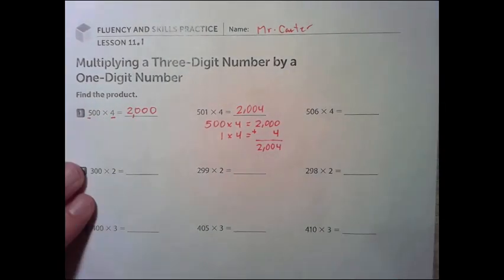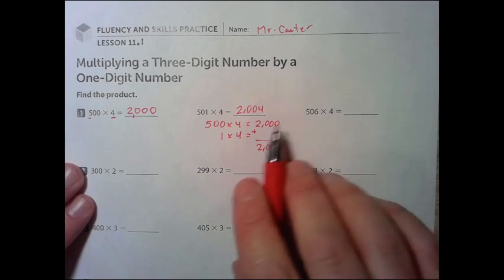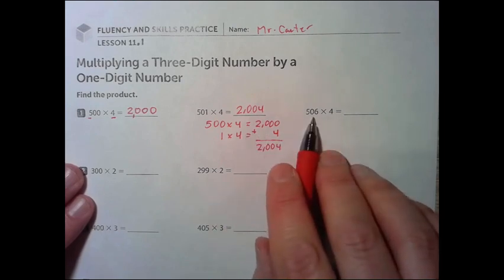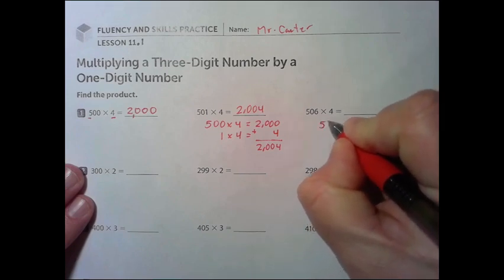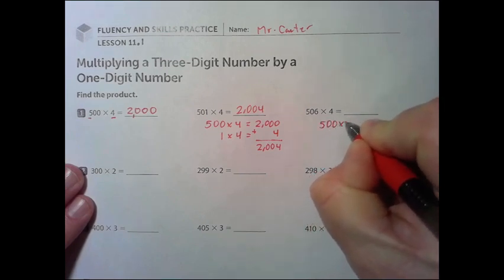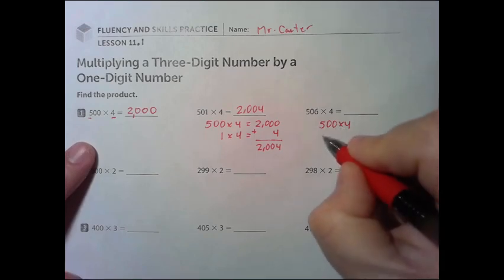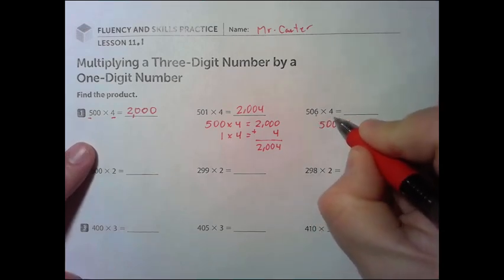All right. So again, same strategy that I used here, I'm going to use for 506 times 4. So I'm going to break it apart into the 500 times 4, and then 6 times 4.